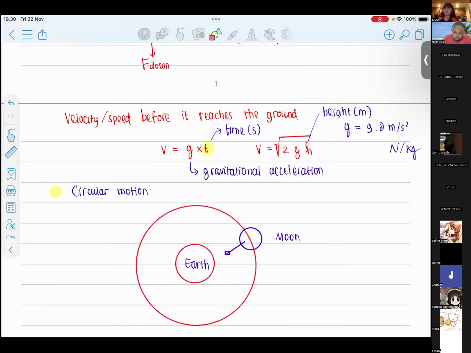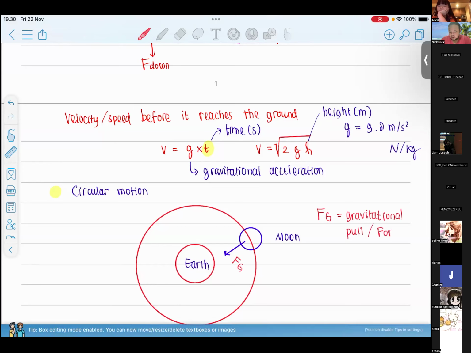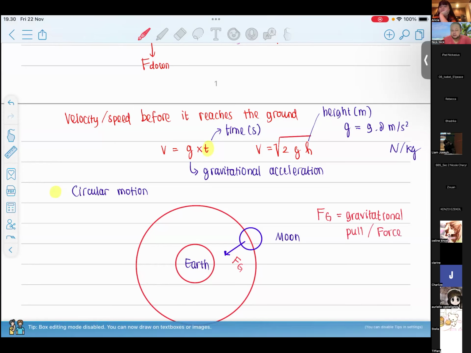This is the FG. What is FG? Repeat after me. FG is what, students? Gravitational pull or force from the planet, right?